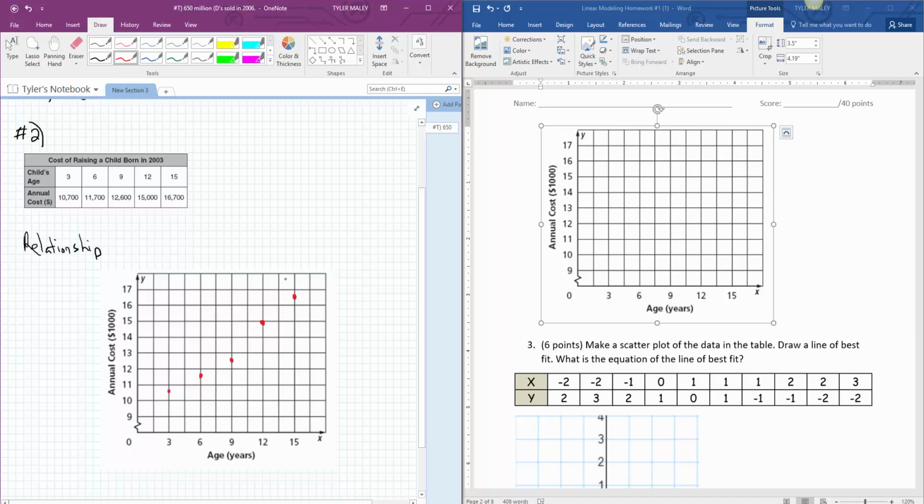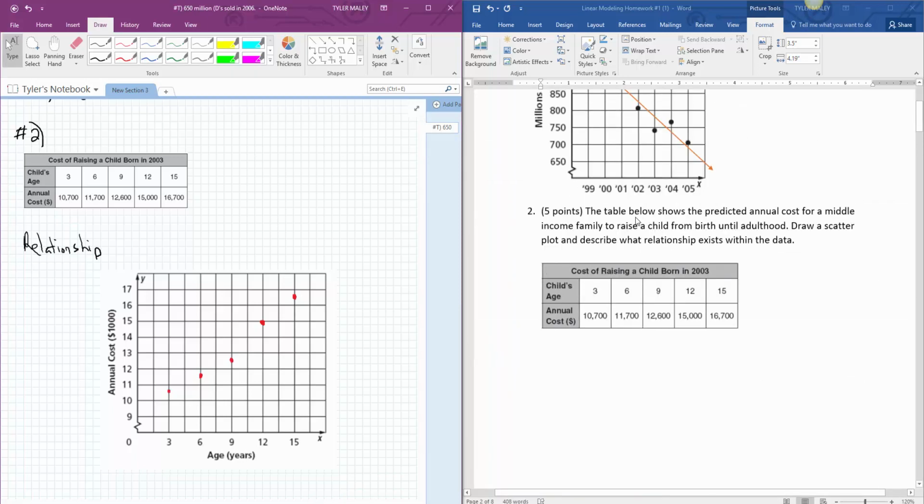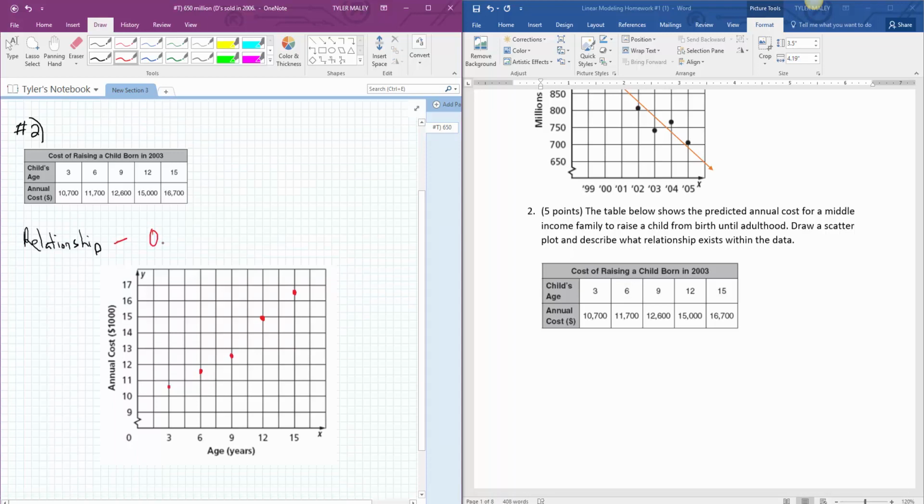Right, so there's my scatter diagram. That's what we were asked to do. Draw a scatter plot, and then we're asked to describe the relationship. So for the relationship, you could say that our data has an increasing linear relationship.